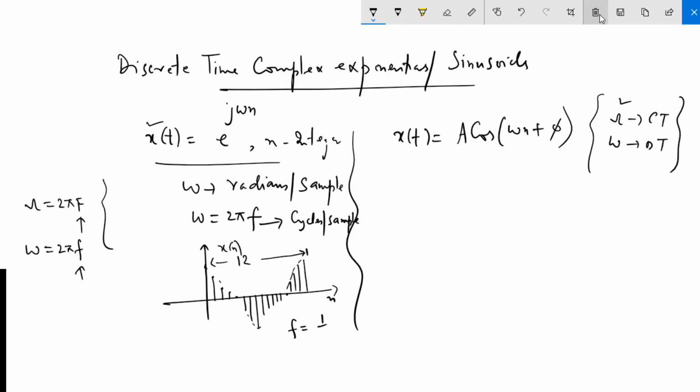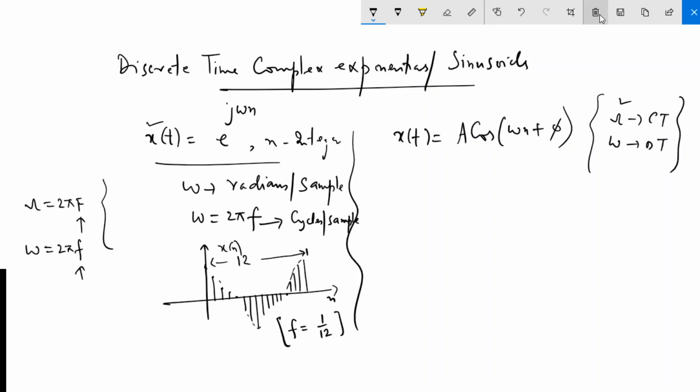It will be nothing but 1 by 12. You can also say that the time period of this is 12 because it repeats after 12 samples. So the number of samples in one cycle is 12, and the number of cycles in one sample is nothing but 1 by 12. This is the frequency in the discrete case.